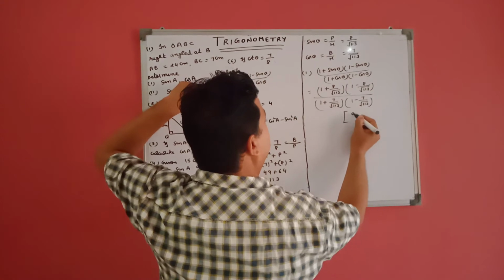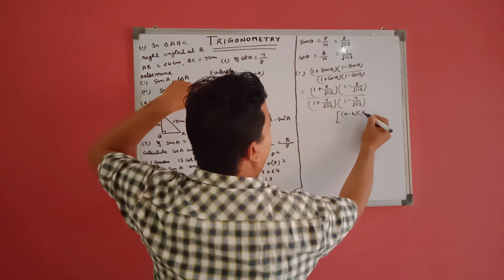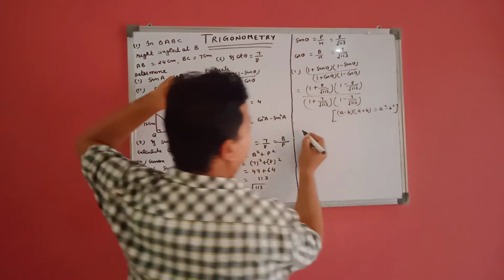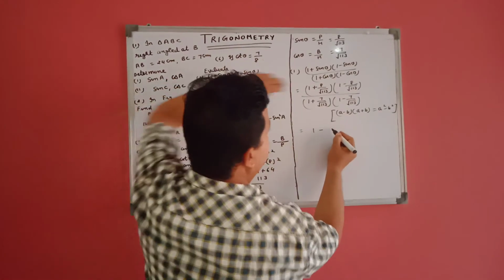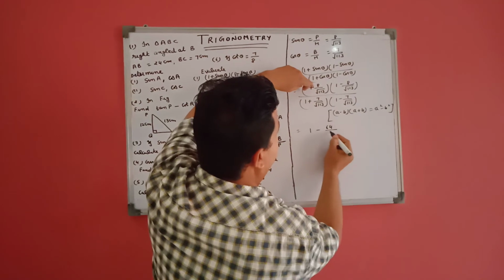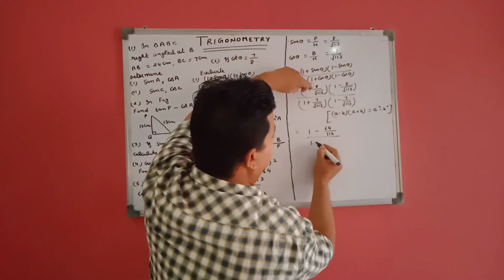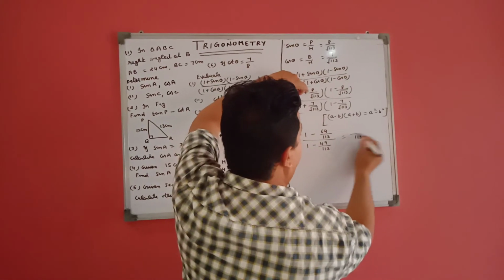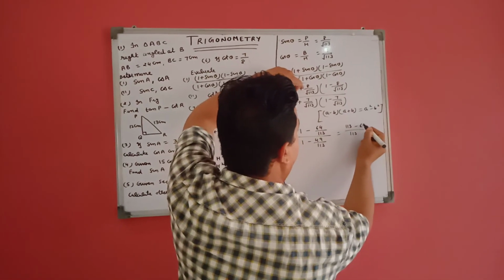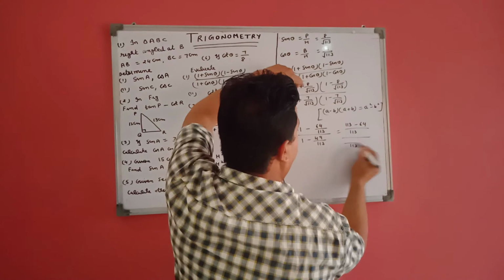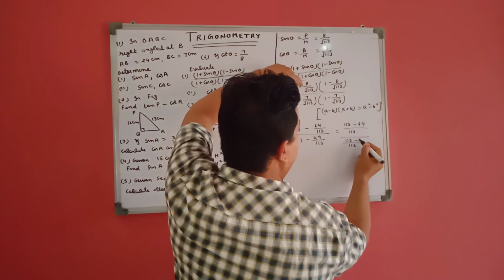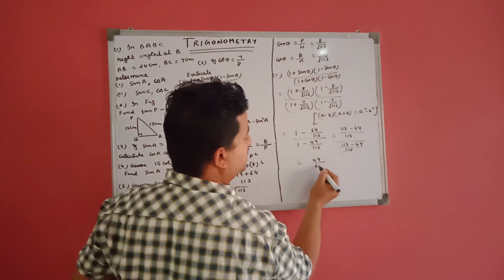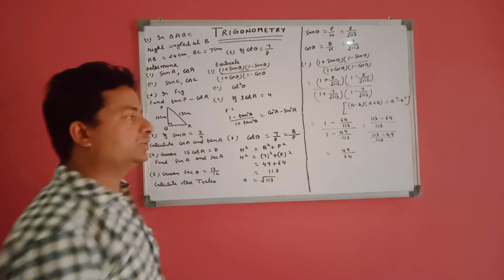As we know the identity, a minus b into a plus b is equal to a square minus b square. In this, 1 square is 1, 8 square is 64 upon 113. In this, 49 upon 113. Take LCM 113. 113 minus 64, 113 minus 49. Cancel out. This is 49 upon 64. This is the solution of first part.